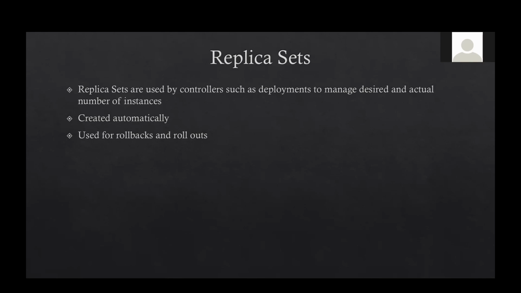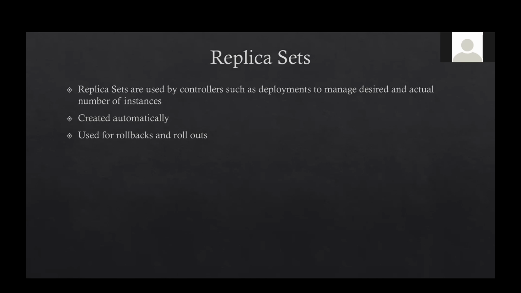So the total count is still 3, but one of those is going to be V2. Once everything is working, it'll do the same thing. It'll increase the replica count on the V2 replica set, and reduce 1 from V1 until V1 reaches 0. It never deletes replica sets.